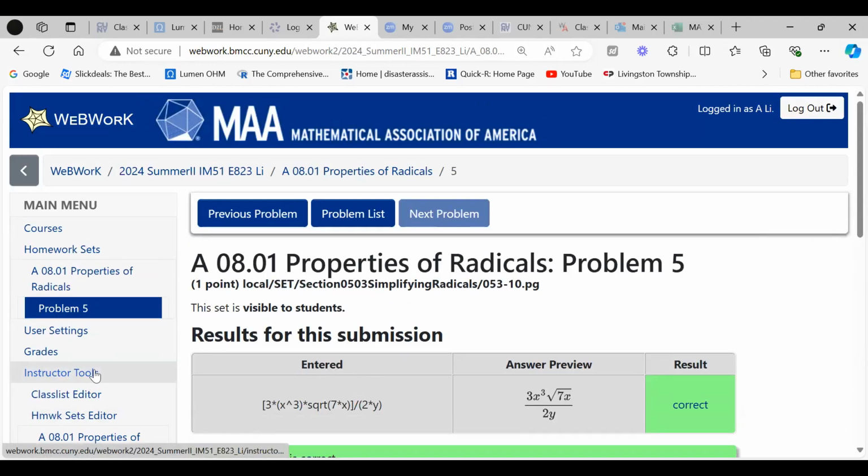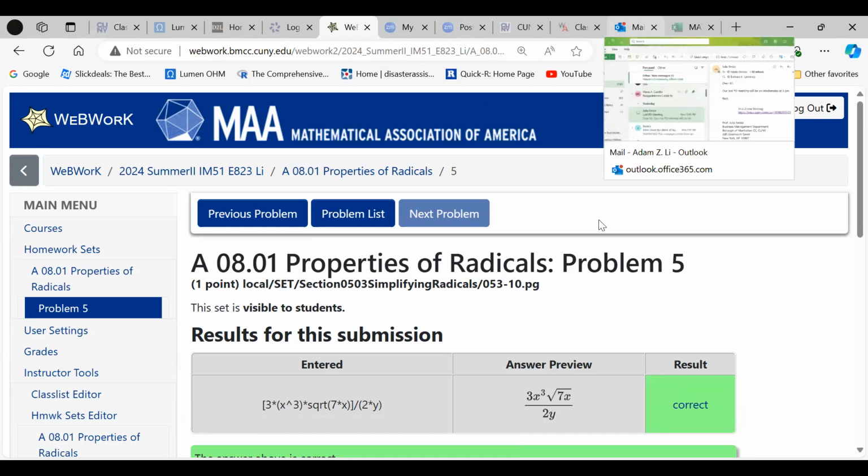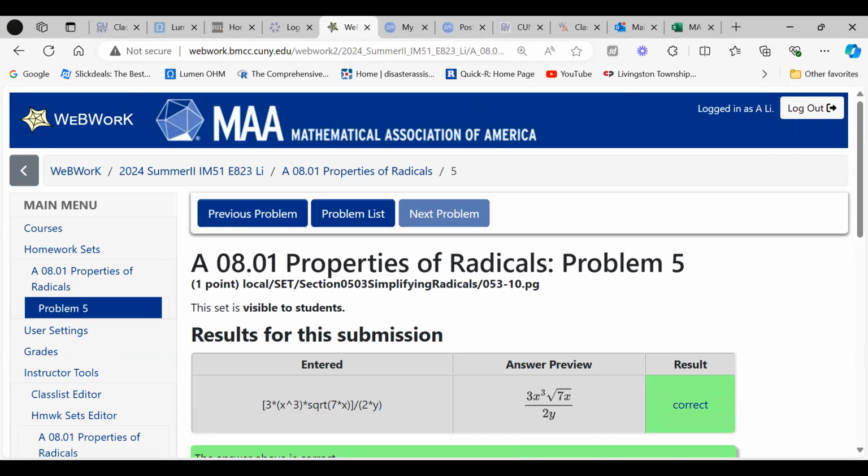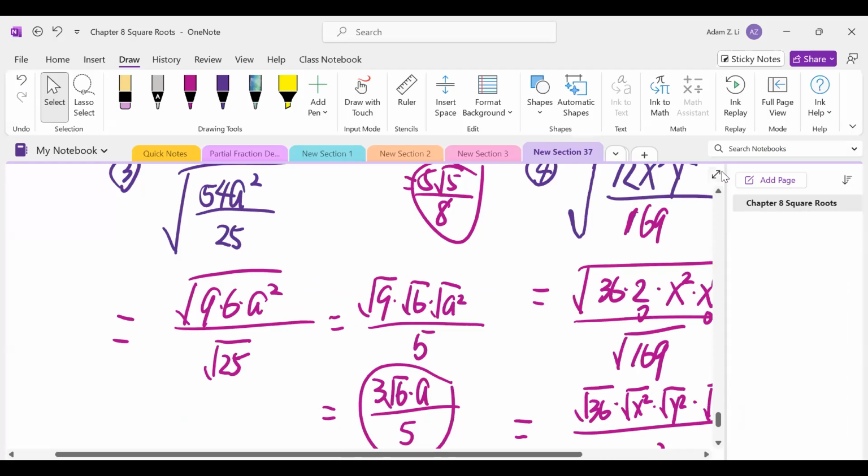Okay. Now let's move on to section 8.3 on basic operations with radicals. So now let's look at how we add and subtract radicals, right? So let me go back to the notes. Now we start with the addition and subtraction of the radicals.